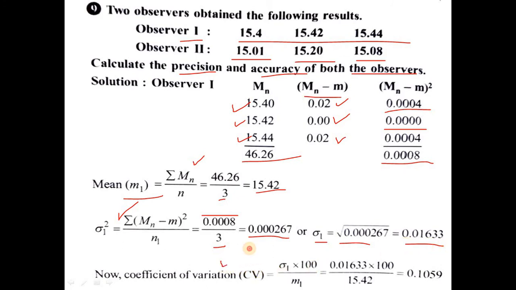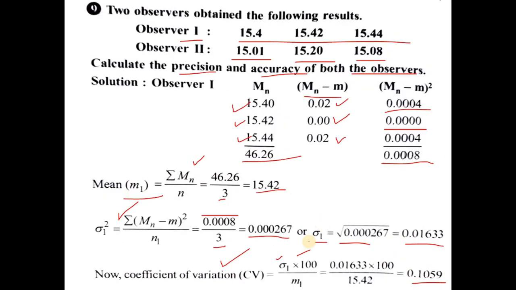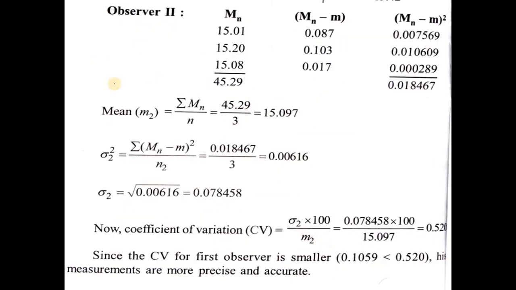And for the coefficient of variation, the equation is standard deviation into 100 divided by mean, and the answer is 0.1059. So the first observer's coefficient of variation is 0.1059, and for the second observer the observations are like this: 15.01, 15.20 and 15.08.